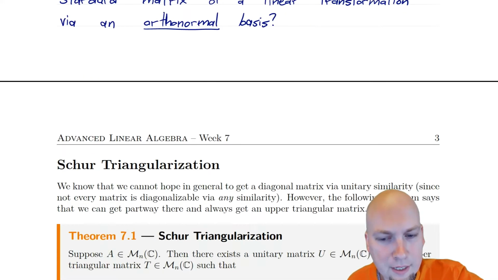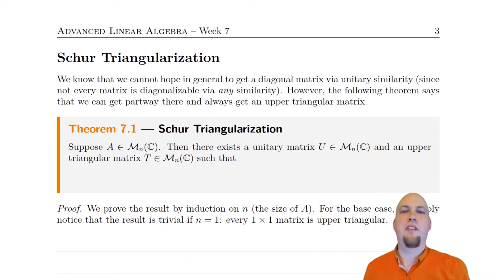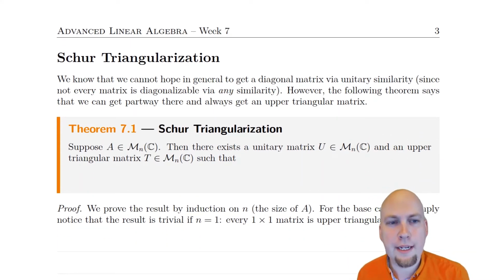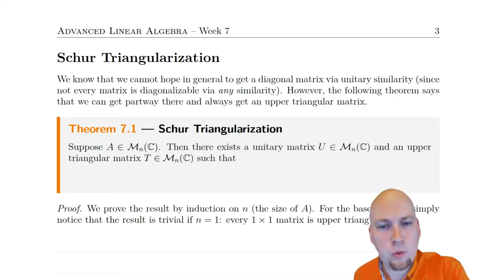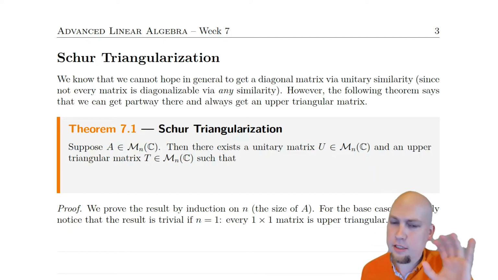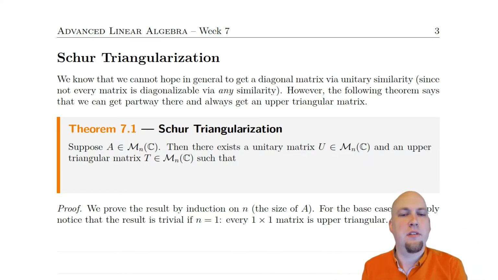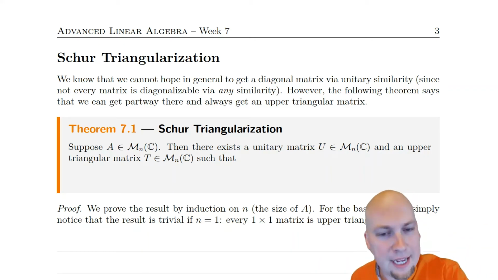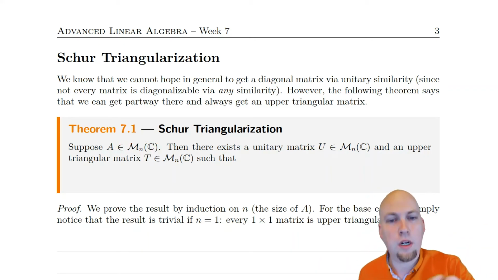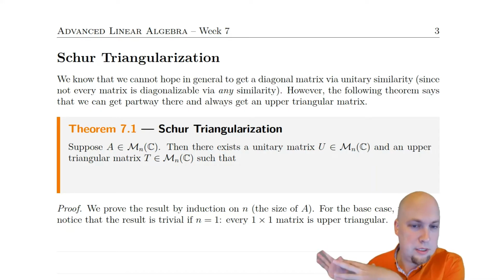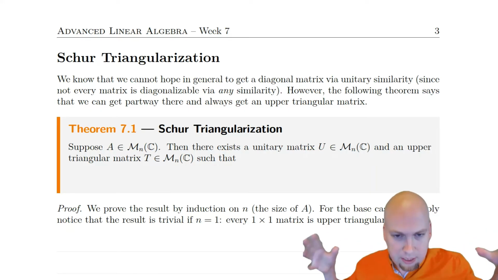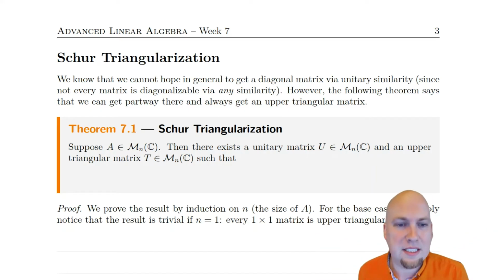So, here's the big beast of a theorem for today's class. It's called Schur Triangularization, and what it says is, if you've got some square matrix, and actually we need not just a square matrix, but a matrix with complex entries. We're not allowing matrices over arbitrary fields now. They must have complex entries for this theorem to work. Real entries are okay as well, because real numbers are complex numbers, but it has to be within the set of complex numbers for this to work.